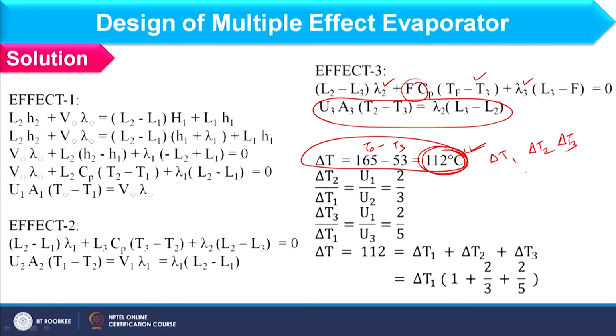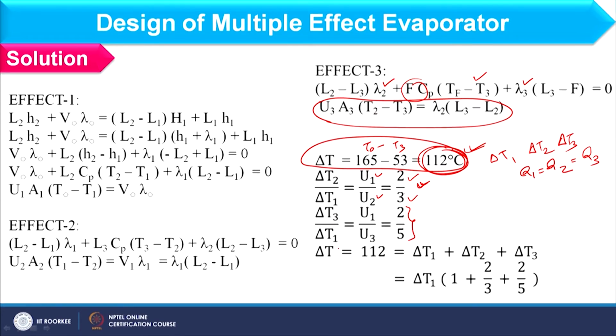So, considering equal heat transfer in each effect, that is Q1 should be equal to Q2 should be equal to Q3, we can find delta T2 by delta T1 which should be equal to U1 by U2, considering equal area of each effect. U1 and U2 values are known to you, so you can consider 2 by 3, and similarly delta T3 by delta T1 should be 2 by 5.